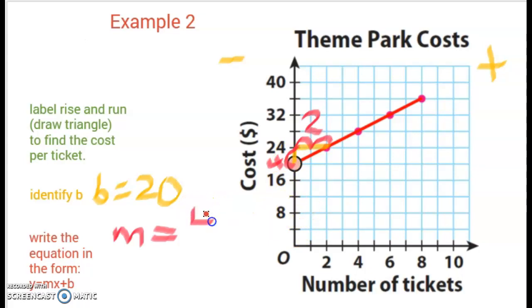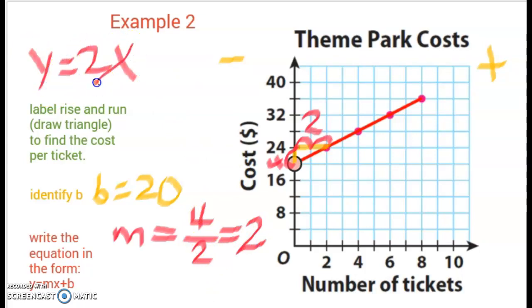So when I plug that in, it's going to be 4 over. My x-axis is going by ones, right? So it's okay that I just count my 2 arches and I get 4 over 2 simplifies to be 2. So if I write my equation out, I get y equals 2x plus 20.